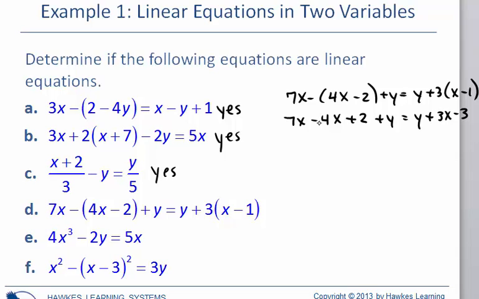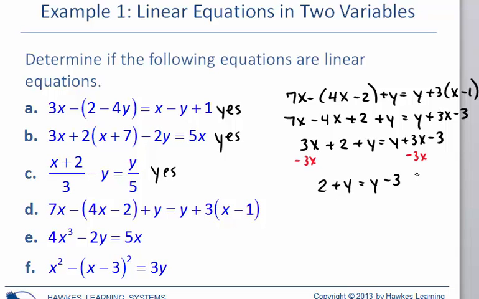I'm going to go ahead and combine the 7x and the negative 4x, making 3x, and rewrite the rest of the expression. We'll now move our x's to the left, so we're going to subtract the 3x. So it cancels on both sides, leaving me 2 + y = y - 3.